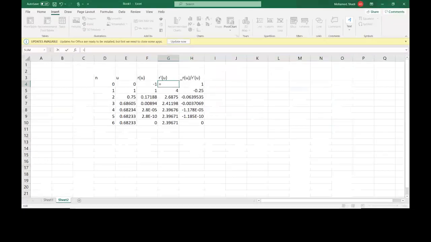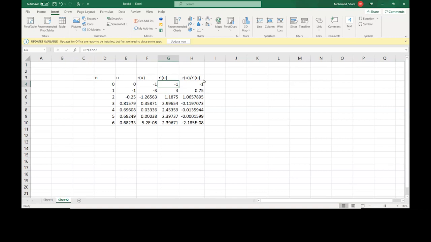When I do this equation, this is 3 times x squared minus 1. And then this column here would also remain the same. So what I need to change is just basically copy these ones. And then I have this set of equations.